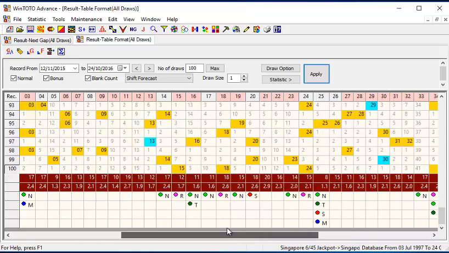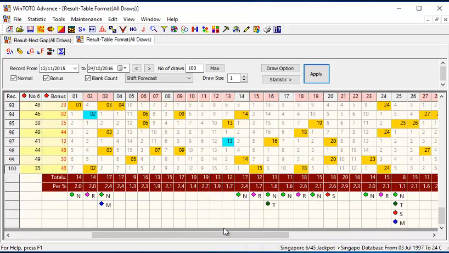So right now, I would say that whenever such a thing happens, it's always good to pick up a neighbor number whenever possible. For me, I think number 3 is possible. Take note, number 3. For this coming draw, take note, number 3, a neighbor number. It's one of the good numbers. There are a few numbers that you might want to take note of, and number 3 is one of them.